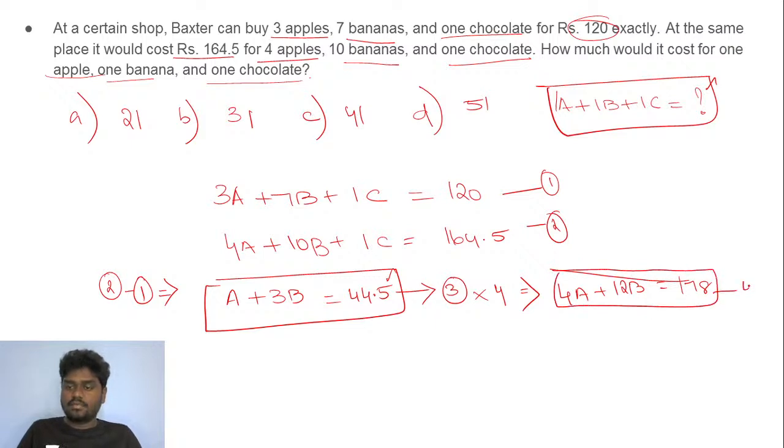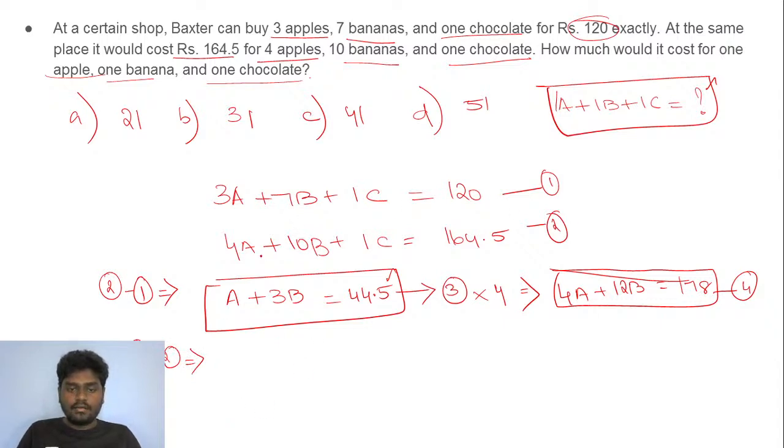If I take this as equation 4, listen carefully. In this fourth equation, subtracting 2 from it, 4 minus 2, this is 4, this is 2.